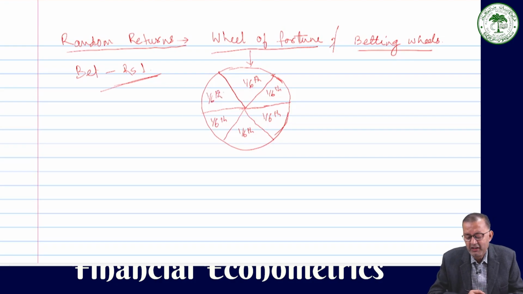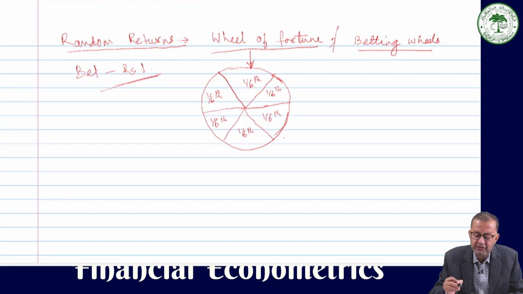So the probability of the arrow falling on a particular area is equal. And what is that probability? That probability is equal to 1/6. But the amount of return is different on different portions of the wheel.